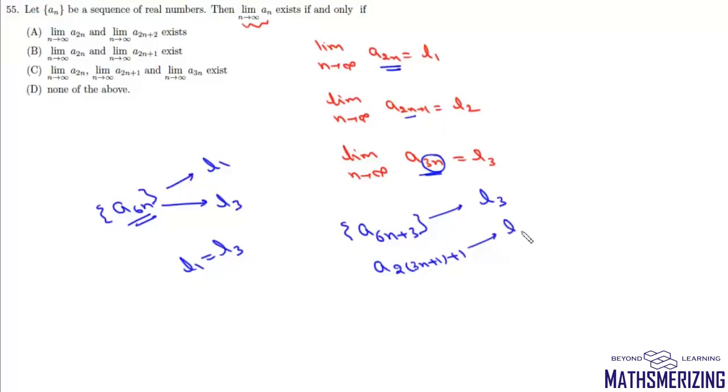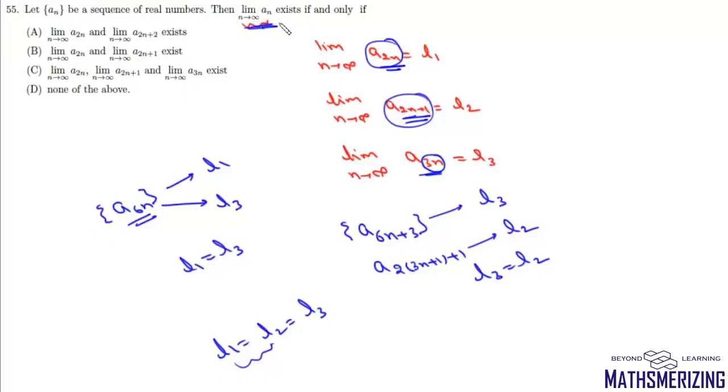It also converges to L2. So from here we can say L3 must be equal to L2. So L1 must be equal to L2 must be equal to L3. Now L1 is equal to L2. So that means both a_2n and a_(2n+1) converge to the same limit. So that means this limit n tends to infinity a_n also converges to the same limit. So the answer to this question is option number C.